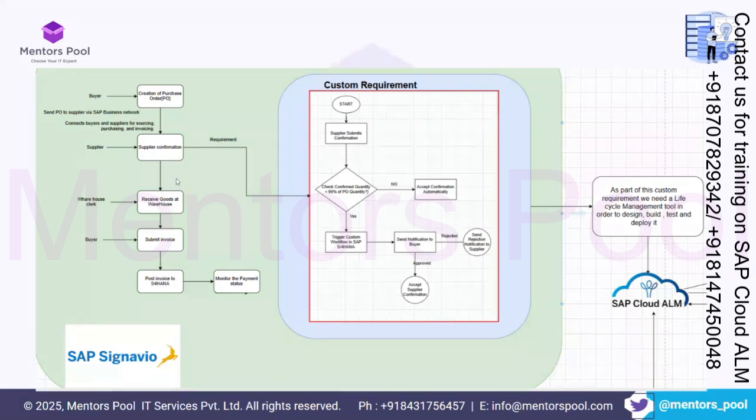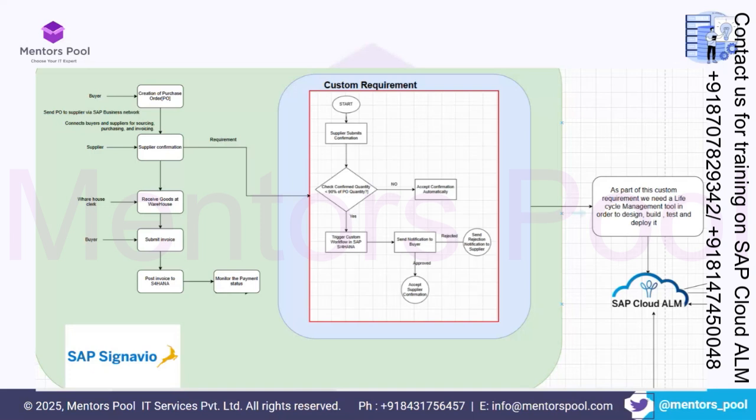Then it goes to the warehouse, submits the invoice, posts the invoice to S4, and monitors the payment status. Everything is automated, but in between, the buyer had a custom requirement: if the supplier submits their confirmation and the PO quantity is less than 90%, then instead of automatic confirmation to the buyer, they first need confirmation from the buyer to the supplier on whether they are okay with that less than 90% PO quantity or not.